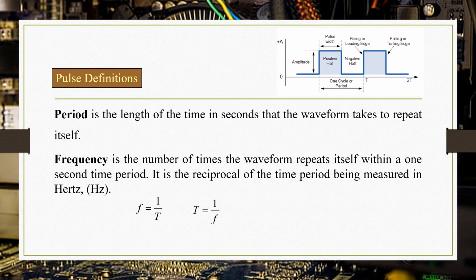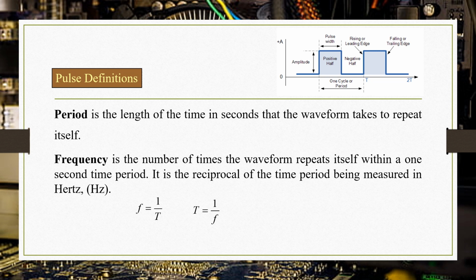The length of time in seconds that the waveform takes to repeat itself is called a period, or a cycle, or a time period. And the number of times the waveform repeats itself is called the frequency.